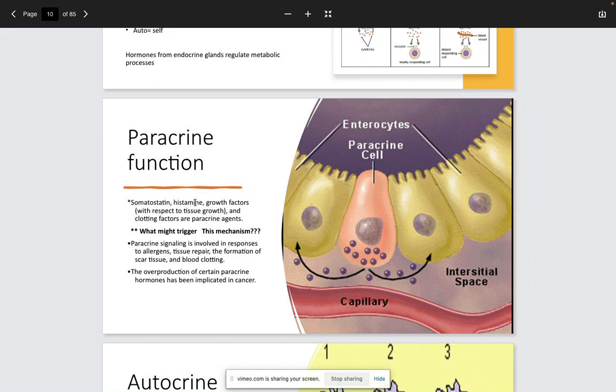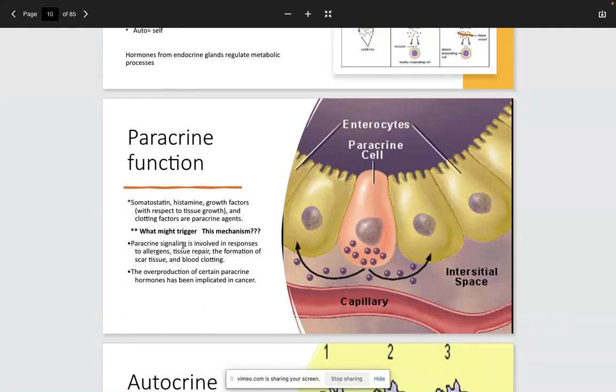This is going to trigger inflammation. Growth factors can be secreted by different cells. They can cause growth in a variety of different tissues. If you can remember Andre the Giant, he had a tumor that secreted excess growth hormone that produced growth factors, and that's what caused him to become so large.